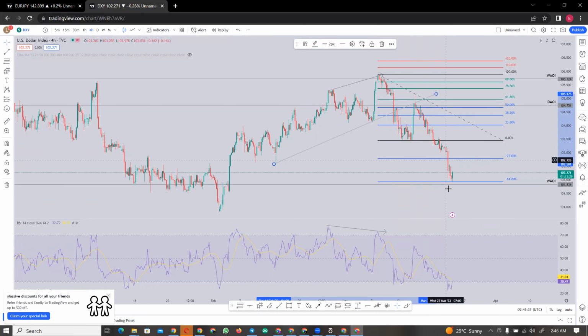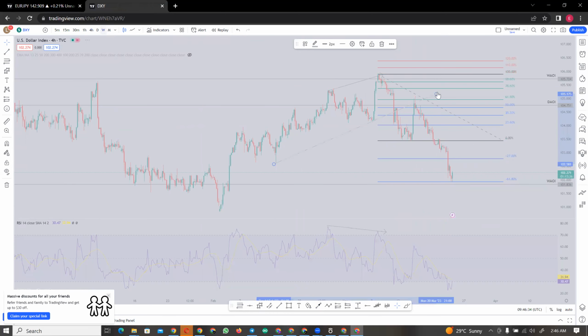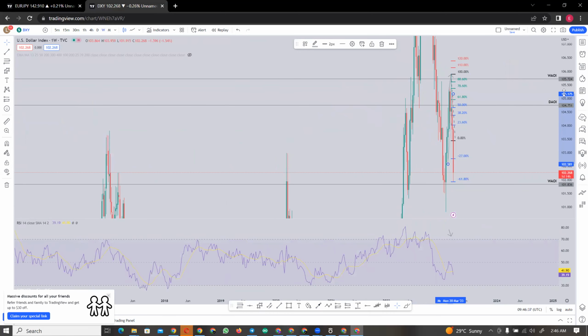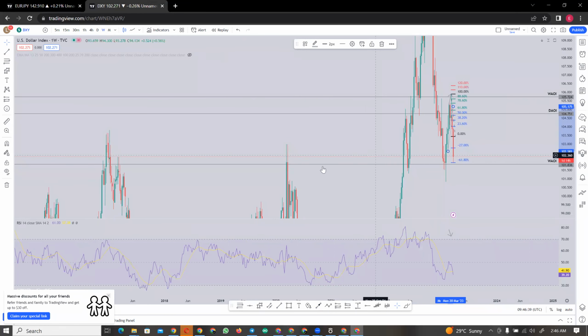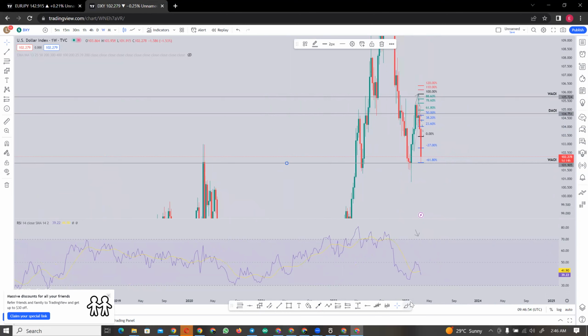Entries on fib are straight to negative 61.8. Let me check this weekly mark. Okay, I took this down too much. Supposed to bring it up. What I'm trying to get is the base of this stuff.